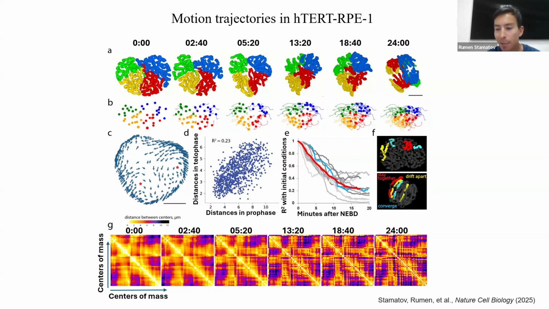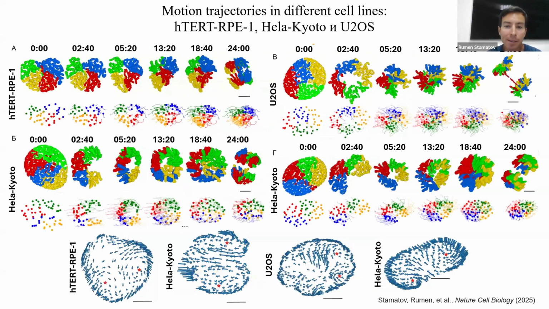So there is some retainment of initial positions of chromosomes, but with many exceptions. And we see this pattern in all different cell lines that we looked at. Of course, there is great cell-to-cell variability. Sometimes we have 2 vortices, sometimes 3, but it all follows the same swirling motion.